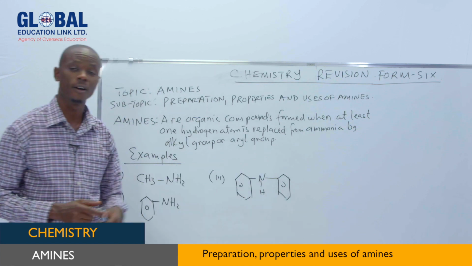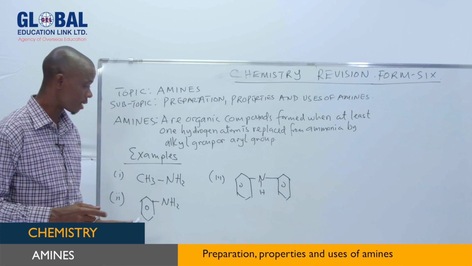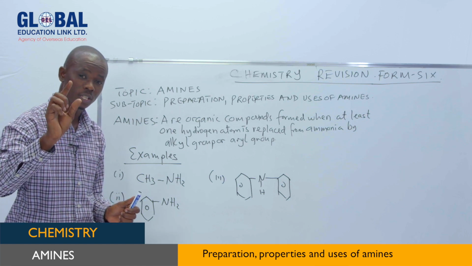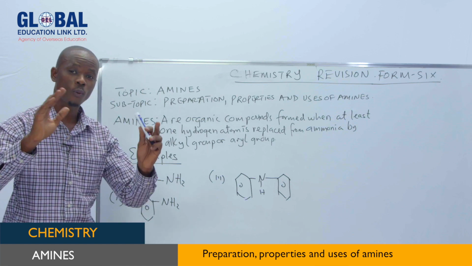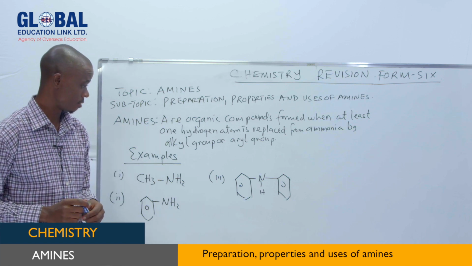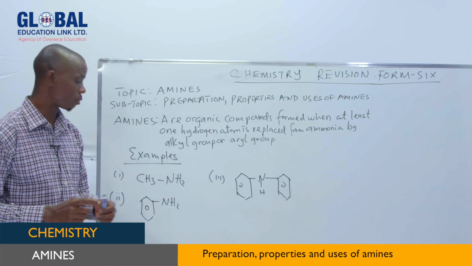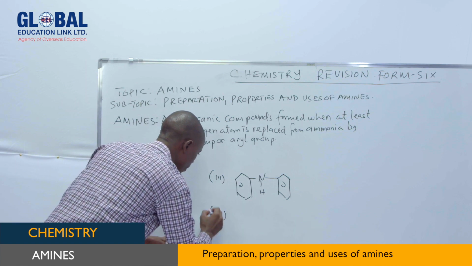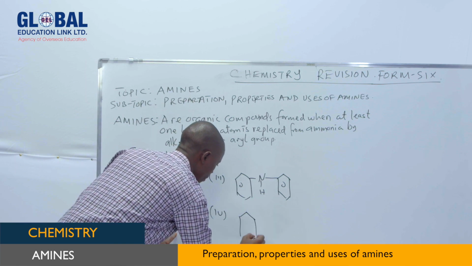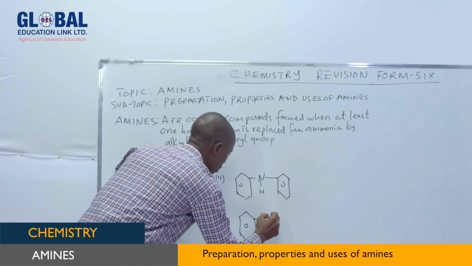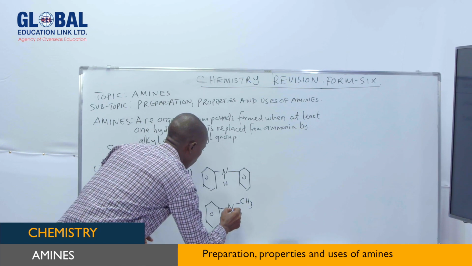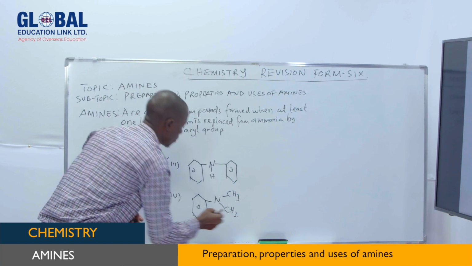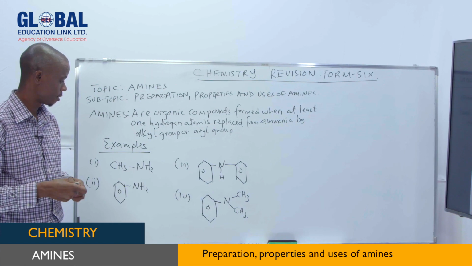So you can see here. Just take these examples seriously, because at the end we are going to get the classes of amines from these particular examples. We have another one. Just look at that one.